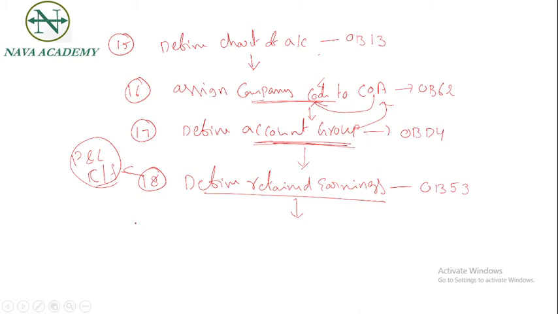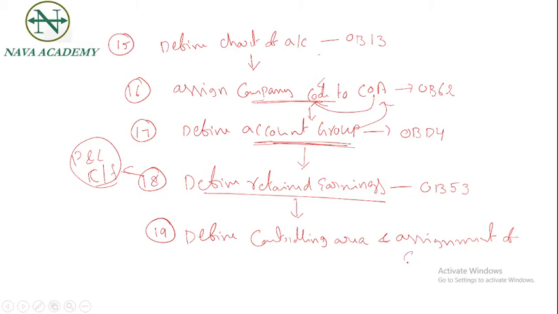After creation of this, one mandatory configuration is define controlling area and assignment of company code, and activate components and control indicators.